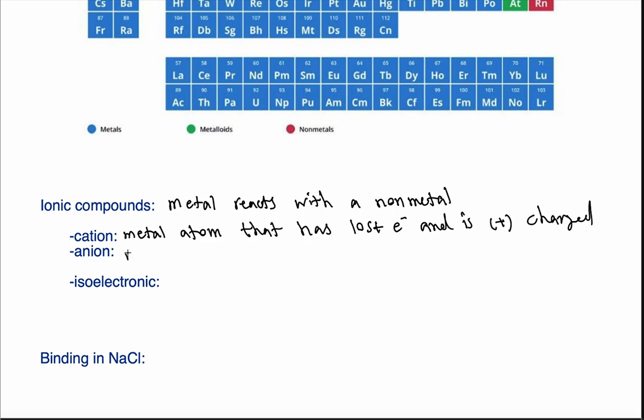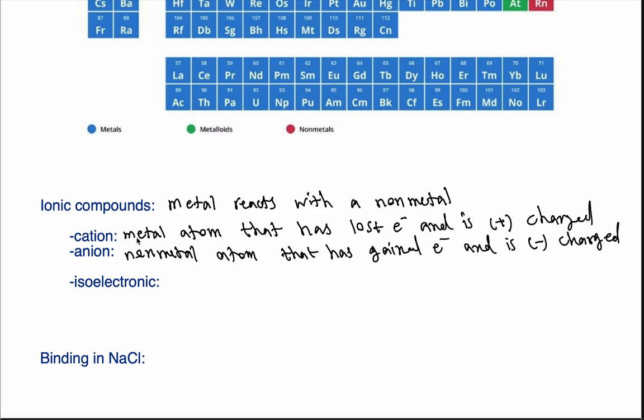The anion is the non-metal atom that has gained electron and is negatively charged.